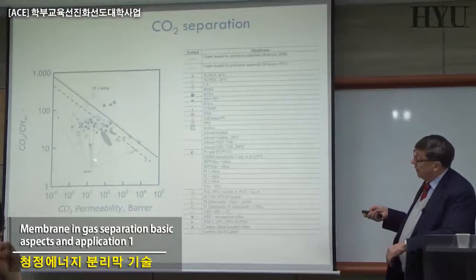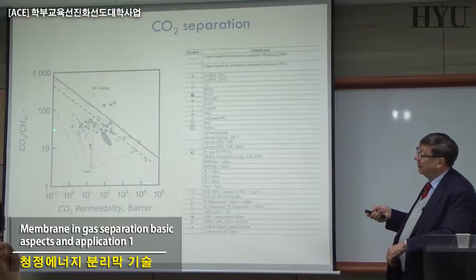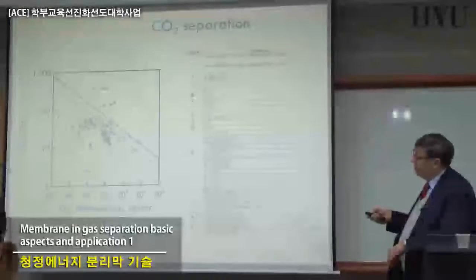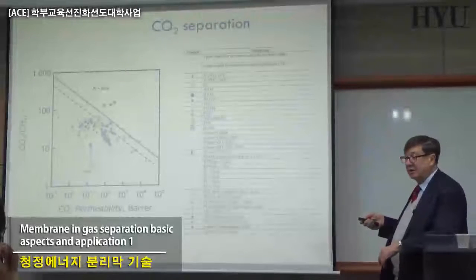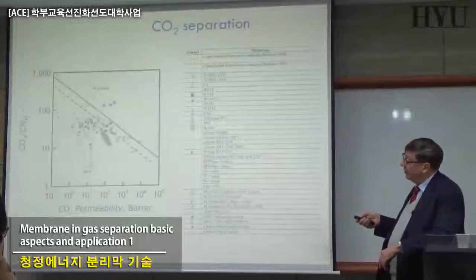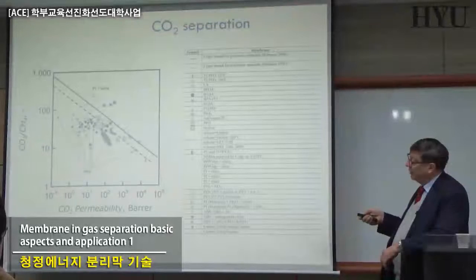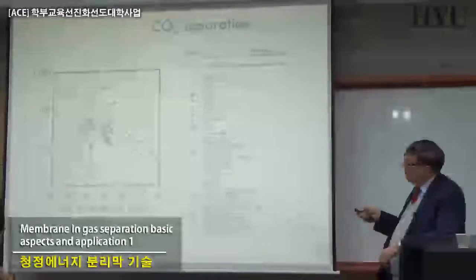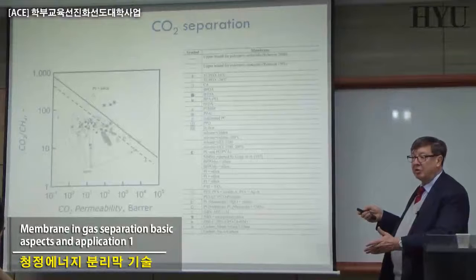You can see here, again, most of the membranes that exist are well respecting the Robeson plot. They are just at a lower value than the one predicted. This Robeson plot has been updated with the new polymers. And if you want to overcome the limits, you have to go to some heterogeneous system.